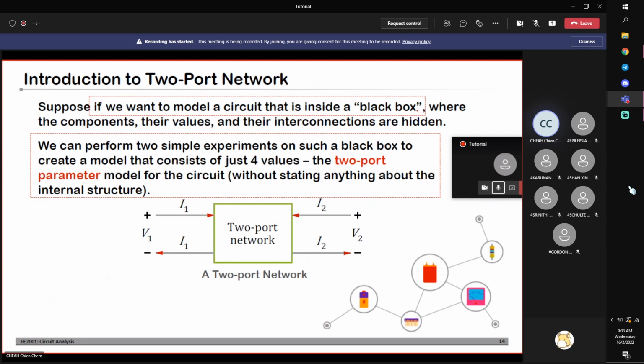Of course, in the tutorial, in circuit analysis, we will use circuit theorems to model the circuits. But take note that in practice, you can actually model a two-port network without even knowing the design of the circuits. This means that we don't even need to know what is inside these circuits. We can also model it in terms of these 4 variables.